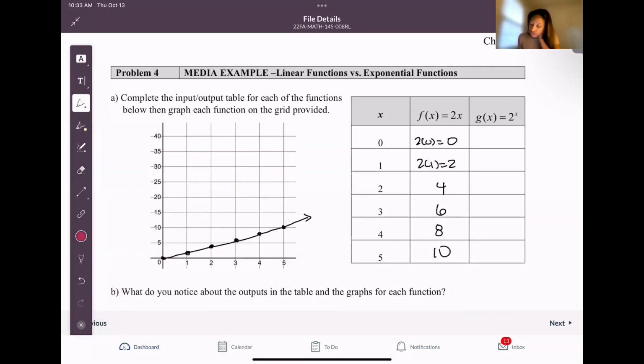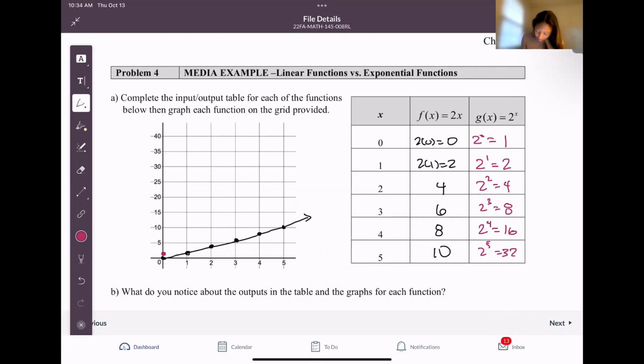For 2 to the x, 2 to the 0 power is 1. 2 to the first power, 2. 2 squared, 4. 2 cubed, 8. 2 to the fourth, 16. And 2 to the fifth, 32. So we start off at (0, 1), and then we have (1, 2).